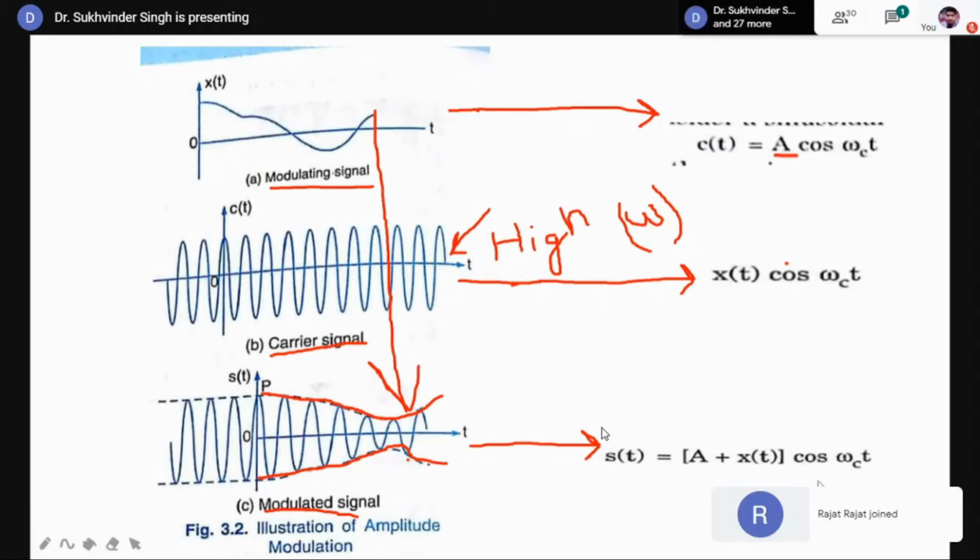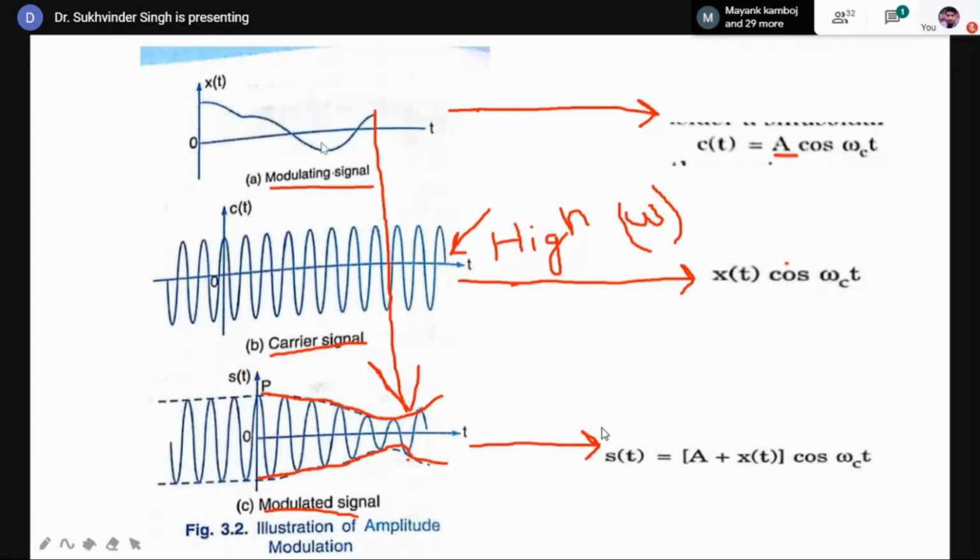So this cos omega_c t has the information of the carrier wave, and this amplitude A plus x(t) has the information of variation in amplitude of the modulating signal when it is superimposed upon the carrier wave. This A is the constant amplitude of the carrier signal, whereas x(t) is the amplitude of the modulating signal.